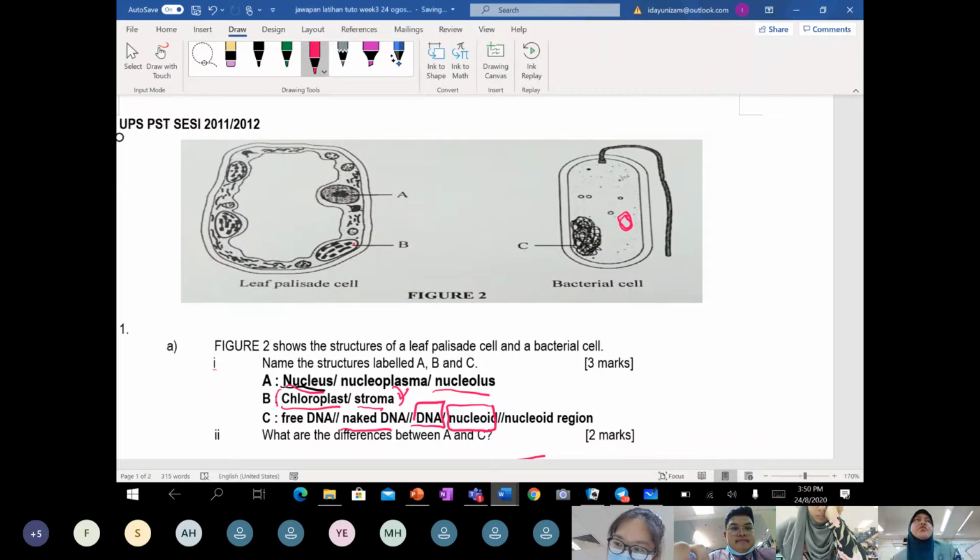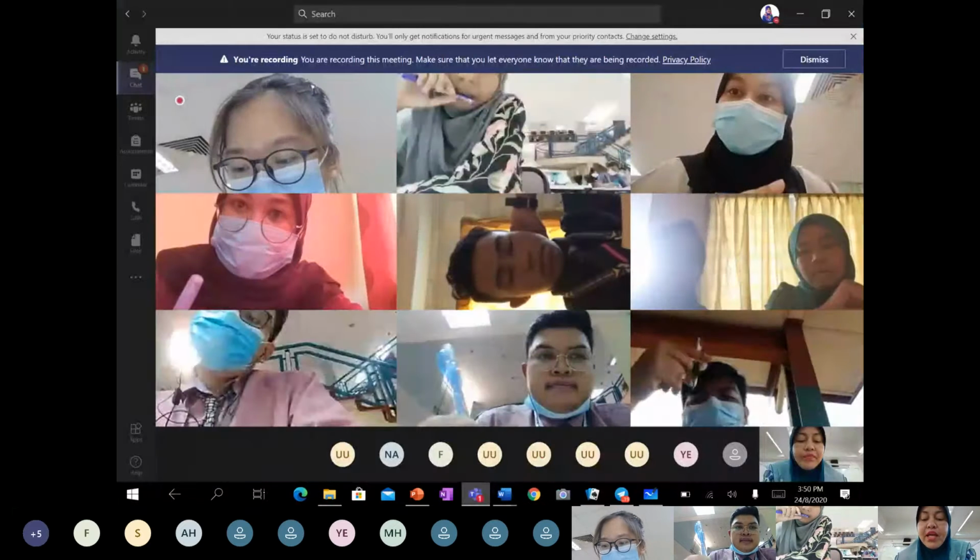So when you answer A is linear, whereas C is circular, that is not right. Circular actually means plasmid.